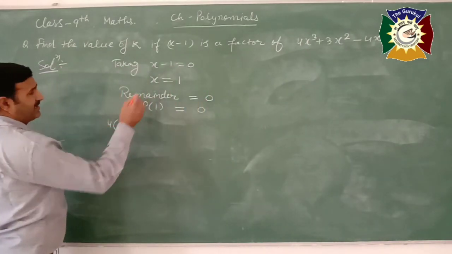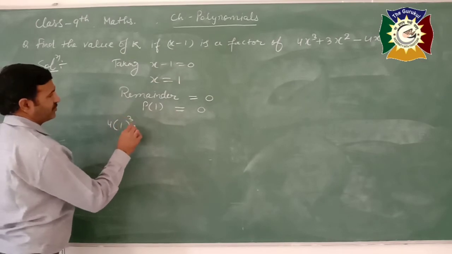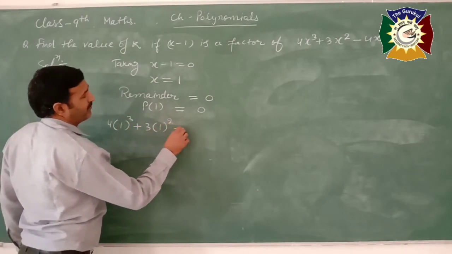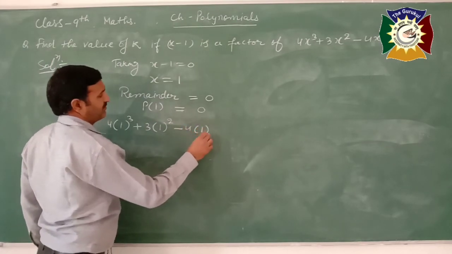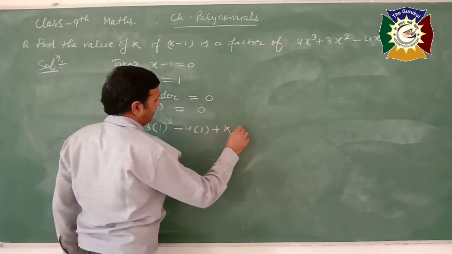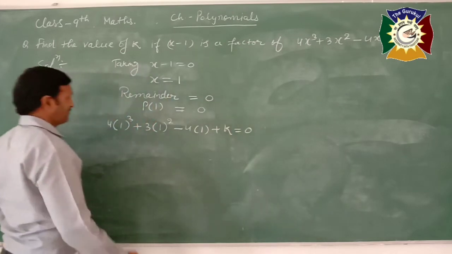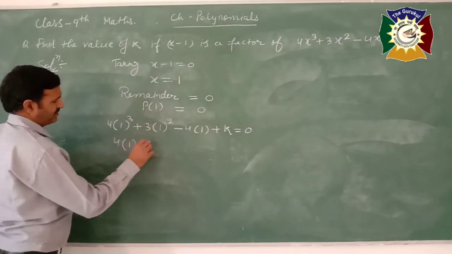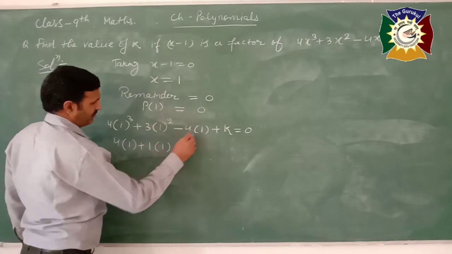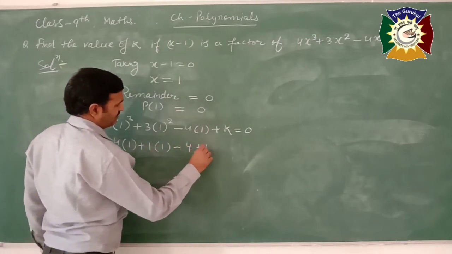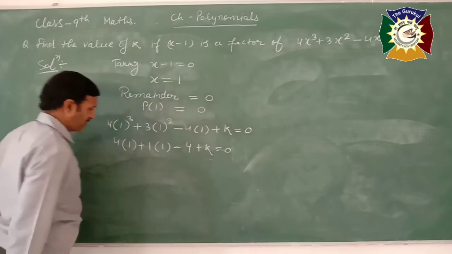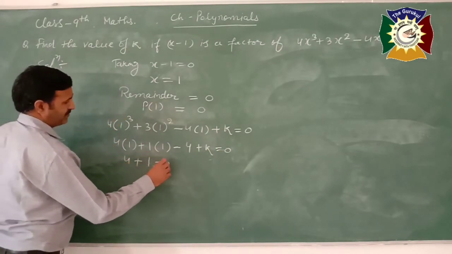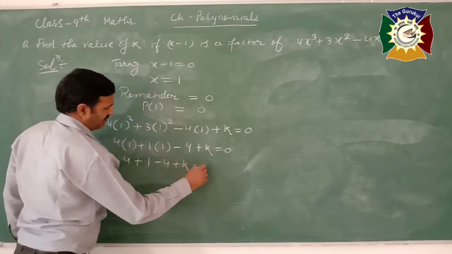4 as it is, 1 cube, 3 as it is, then 1 square, minus 4 into 1 plus k is equal to 0. 1 cube is 1, 4 ones are 4, plus 3 into 1 square is 3, minus 4 plus k is 0.